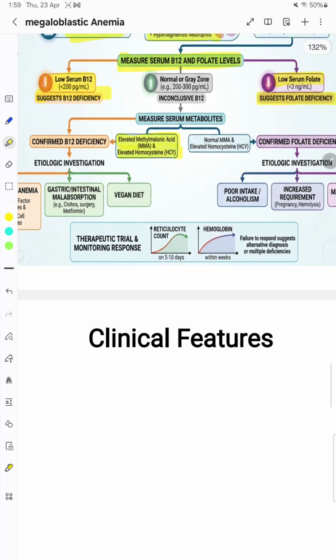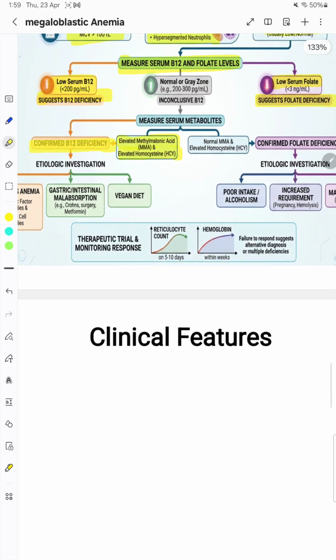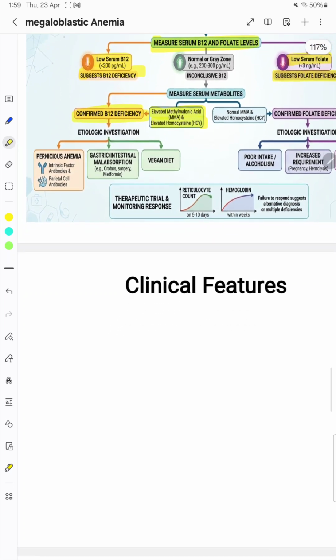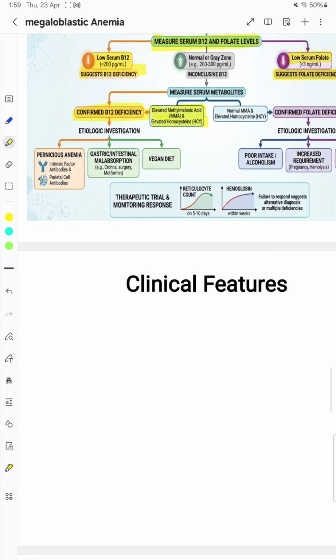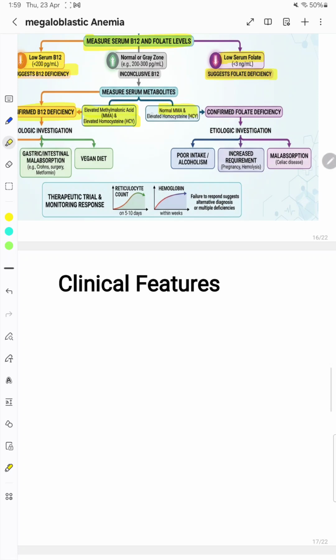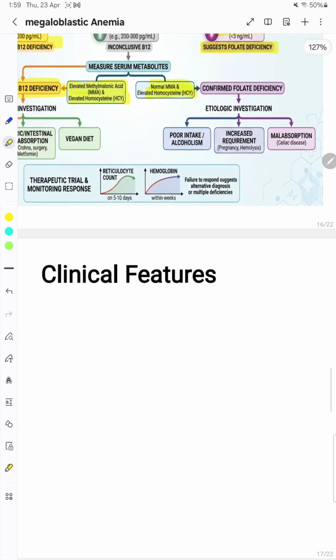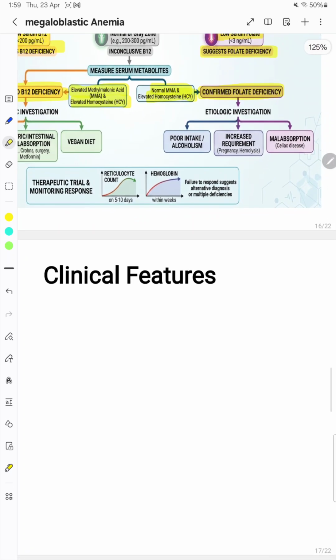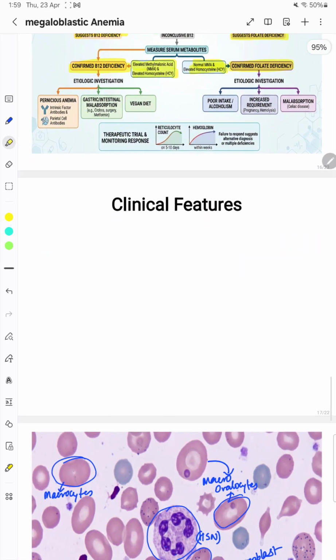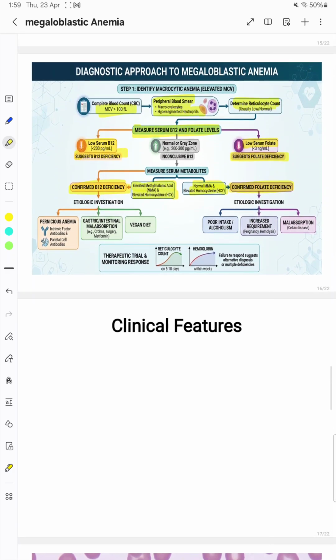If these two are elevated, this suggests vitamin B12 deficiency. Then we further identify the cause and address the cause for treatment. If the MMA and homocysteine are normal, then this suggests folate deficiency. So this is all about vitamin B12 or folate deficiency anemia, megaloblastic anemia.